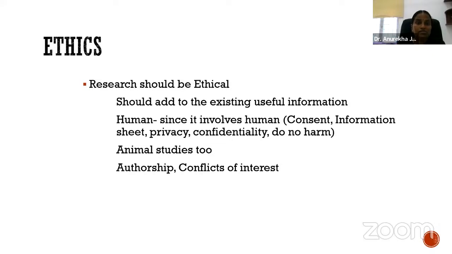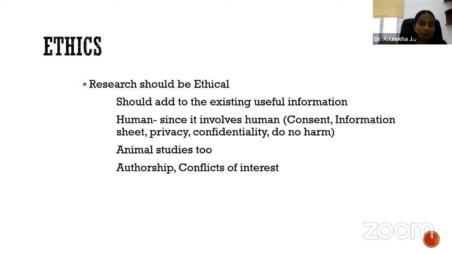And the animal studies too involve a proper permission, like we do have a Blue Cross permission for certain animal studies. And also there should be proper authorship roles. Like if the first author has been assigned some role, that has to be mentioned in your publication, like the research modification or the data planning or data collection, or somebody has done the manuscript.